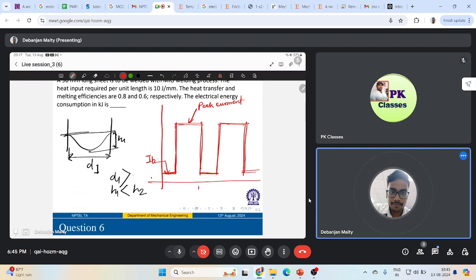So this is my T. Let's say this is TP, the time for which the current is maximum, and this is TB, the time for which there will be this background current. So there will be some average current with which I will do my processing for welding, right?